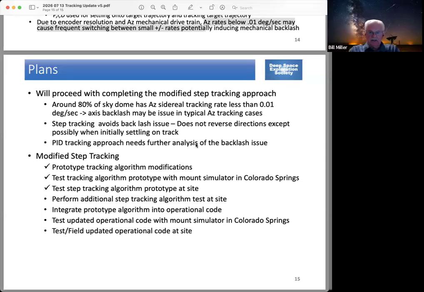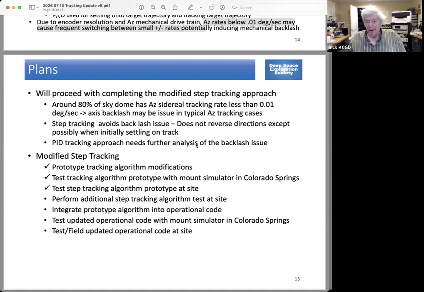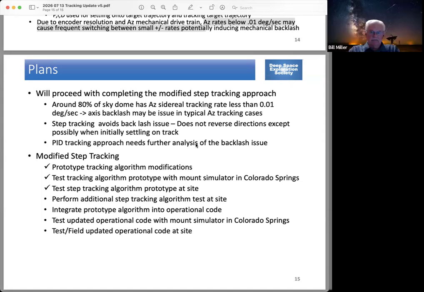Anything that keeps it more accurately on the object is better, even more so with the 8 gigahertz deep space experiments. As we go up in frequency, the window becomes narrower and narrower, so the modified tracking would be far superior to what we have now.